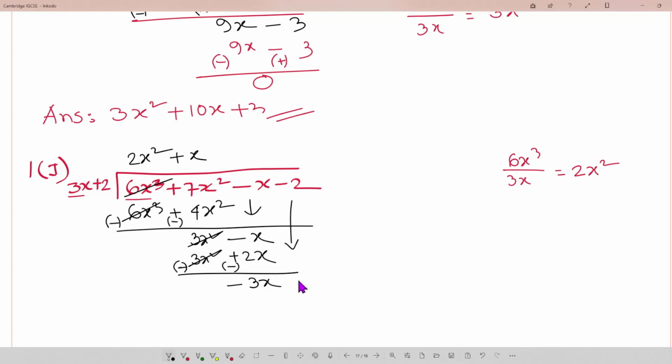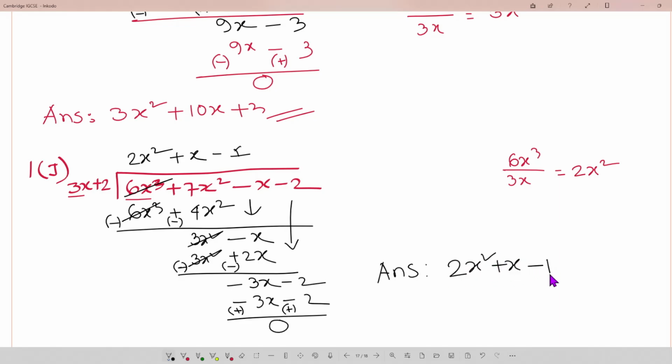Will be minus 2. So here we can use minus 1. So minus 1 times 3x will be minus 3x, minus 1 times 2 will be minus 2. So this one is plus, this one is plus. Ultimately our remainder is 0. So our final answer is 2x square plus x minus 1.